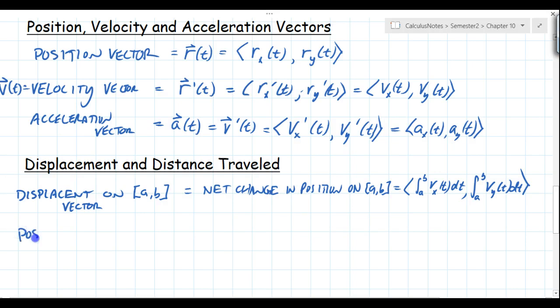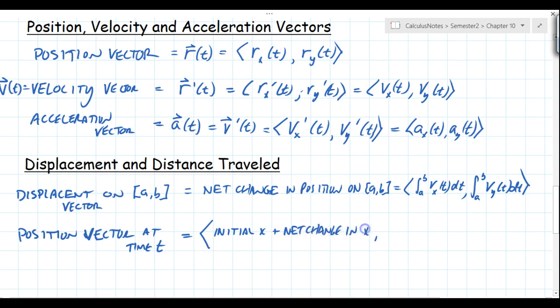So that means if we want a position vector and we know the velocity vector, position vector at time t, we would do the initial x plus the net change in x, then we would do the initial y plus the net change in y.